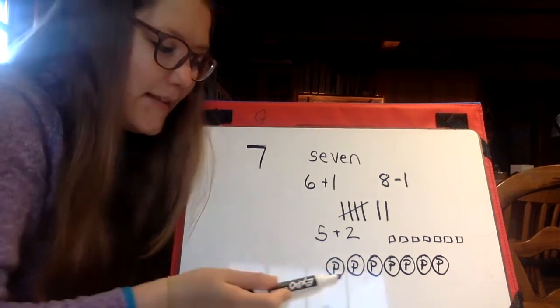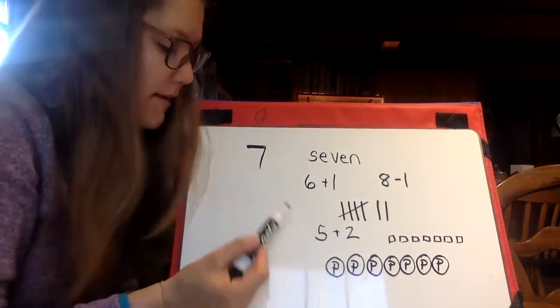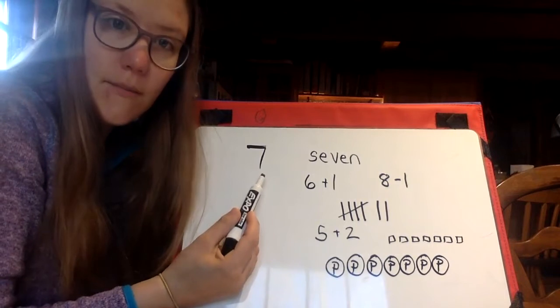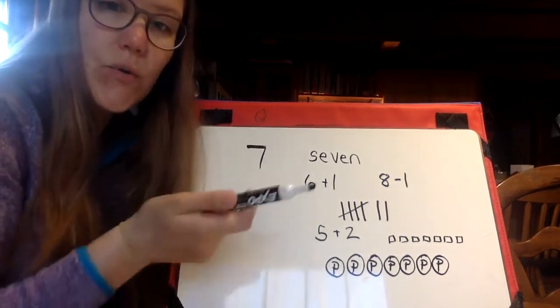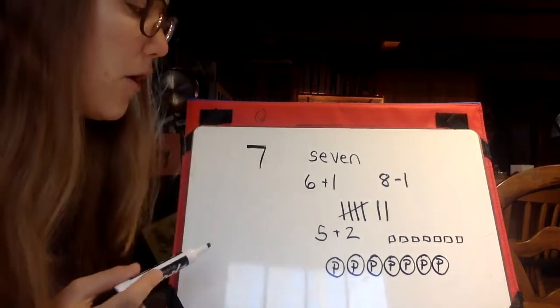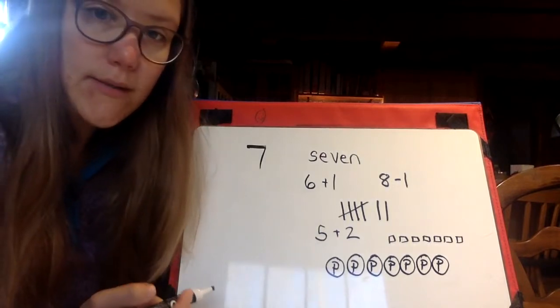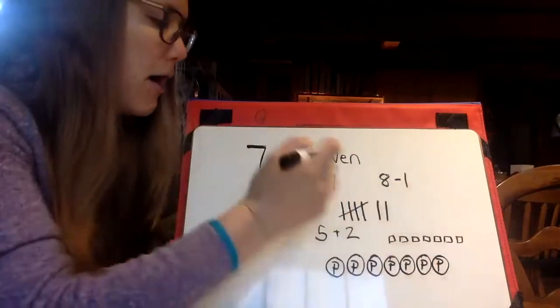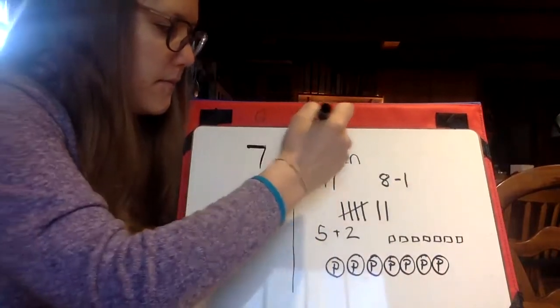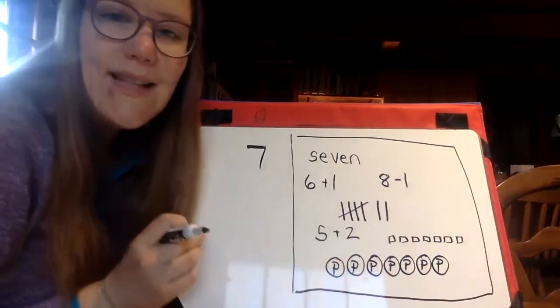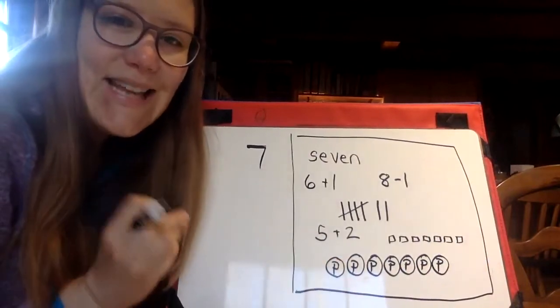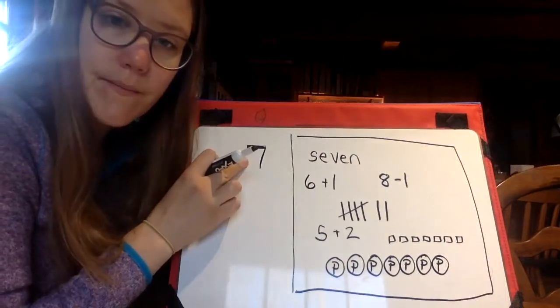This is 7 pennies. This represents the number 7. This is the number 7. It represents the number 7. So they're just different ways to show the same thing. So what we call these are name collection boxes. So in the box, we collect the different names for the number.